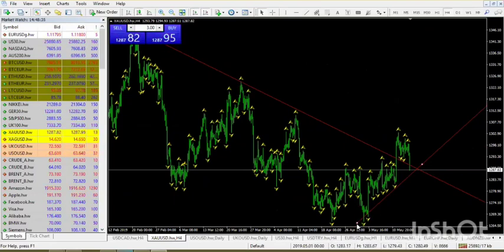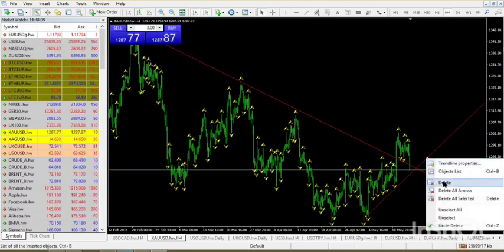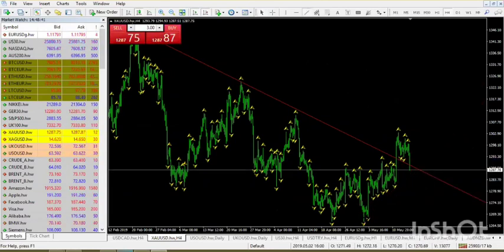Let me fix this. Right here. Yes, it is accurate. I have connected these swing highs.